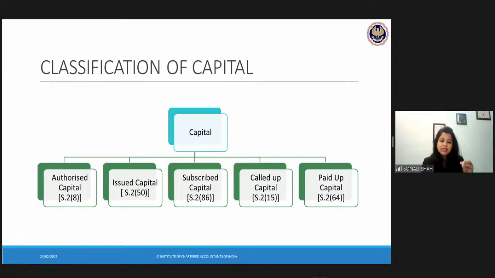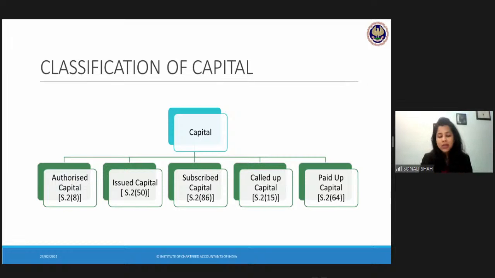Issued capital is a part of authorized capital which is issued to the public for subscription. Now, what is issued to the public? Out of it, maybe the entire issued capital is subscribed, or it could be that some percentage of it gets subscribed. So let's say 95% got subscribed of the issued capital.